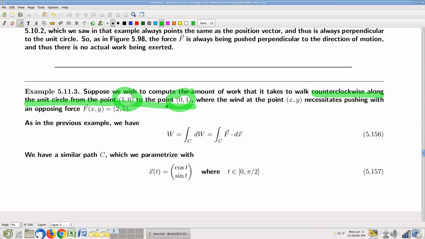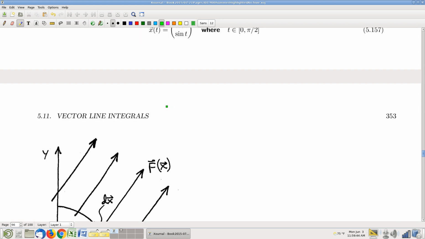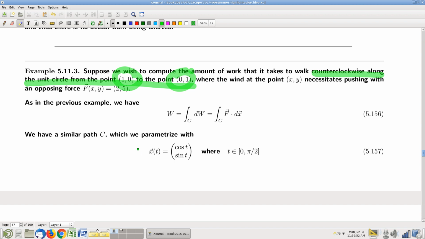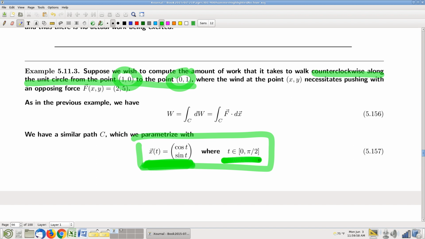We're starting at 1, 0, going to 0, 1. So we're only going a fourth of the way around the unit circle instead of a half. And that shows up in the parametrization. Still the unit circle, still counterclockwise. So there's our old friend, right? But now t goes from 0 to pi over 2. Yeah? Everybody good?